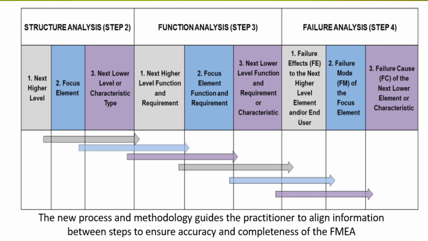The gray content in the structure analysis should link with the function analysis gray, and then finally with the failure analysis gray. Something similar applies to the blue color, which is the main thing, the focus element. The focus element in structure analysis should link with the focus element in the function analysis, and that should link to the failure mode in the failure analysis. And something similar applies to the purple also.